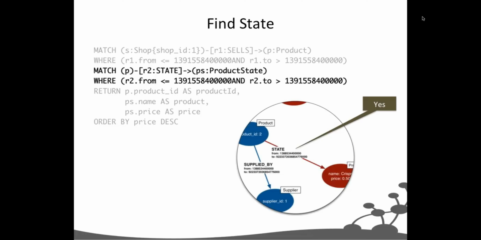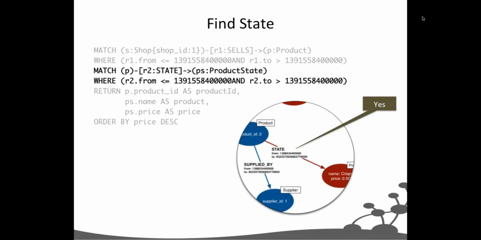So that will lead us to another ID node or several ID nodes at the end of the relationships that are valid. In the second part of the query here, having found the identity nodes at the end of those sales relationships that are valid, we can now begin to query them for the state of the products at that point in time, the snapshot of state. Again, we're doing something similar.